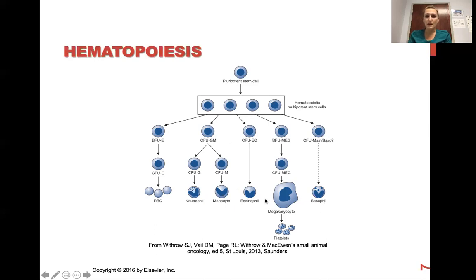And then there are megakaryocytes, which shear off to make platelets, which I'm going to explain to you shortly. So from here, the different types of cells are made when a pluripotent stem cell turns into the type of cell it's going to be, and then matures into the cells that we know are in peripheral blood.